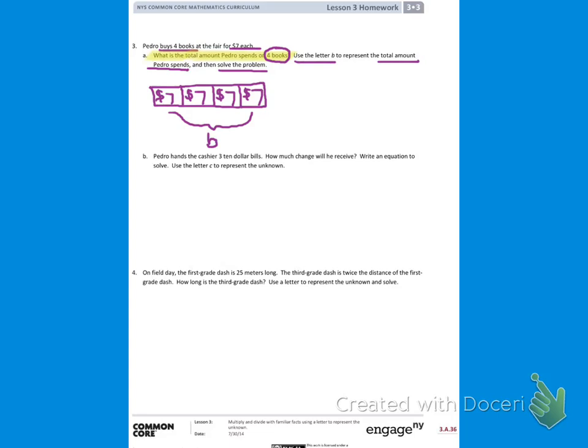Now I will write an equation to help me solve the problem. That looks like 4 groups of $7 equals B. 4 times $7 equals B.